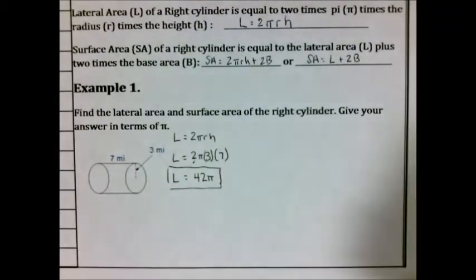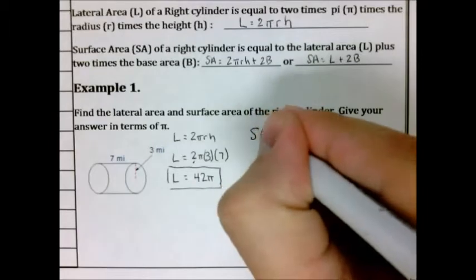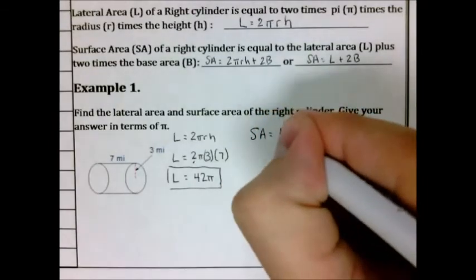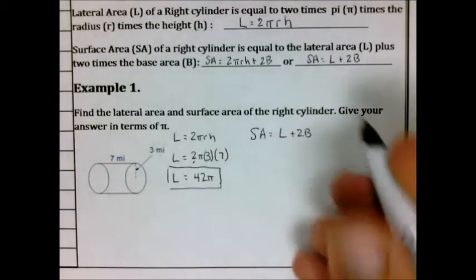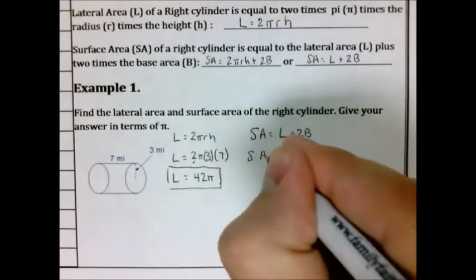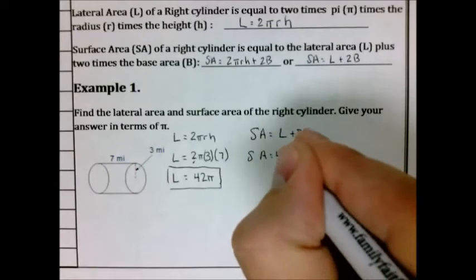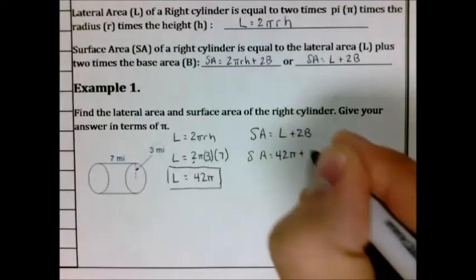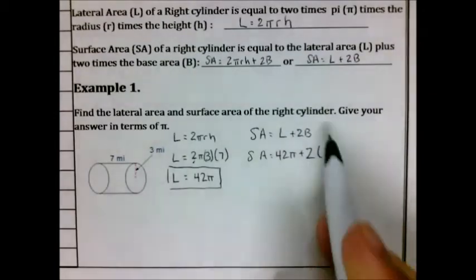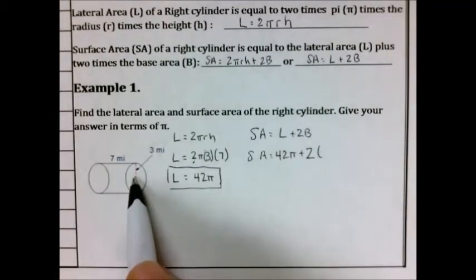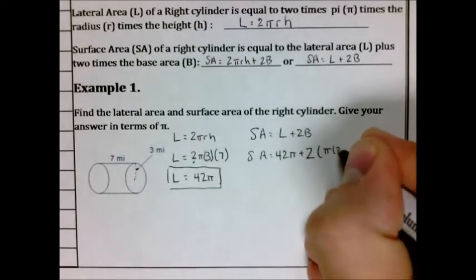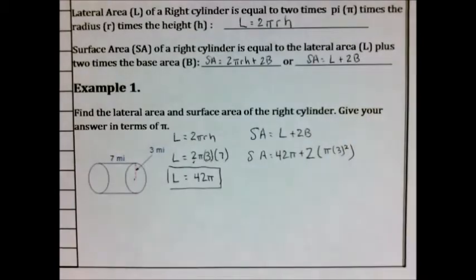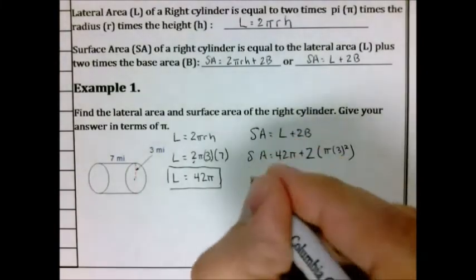Now to find the surface area, remember the formula is L plus 2b, and I'm using this one because we already know what the lateral area is. We can just substitute these numbers in. It's 42 pi plus 2 times the base area, and remember the area of a circle is pi r squared, so that's going to be pi times 3 squared. Alright, now we can just solve this.